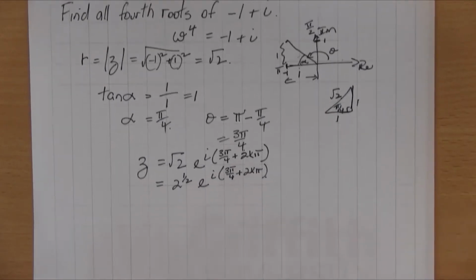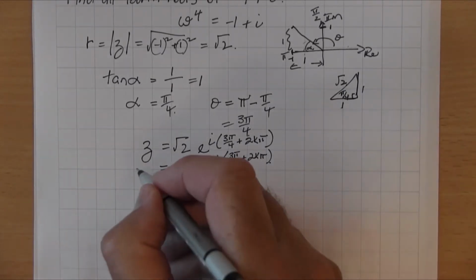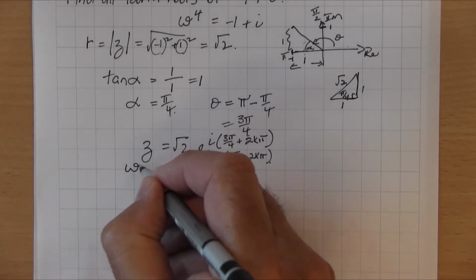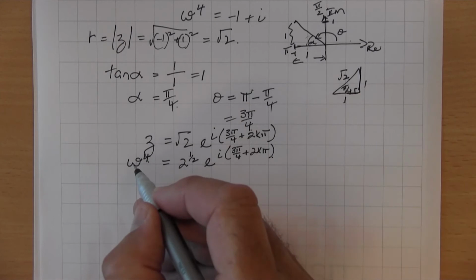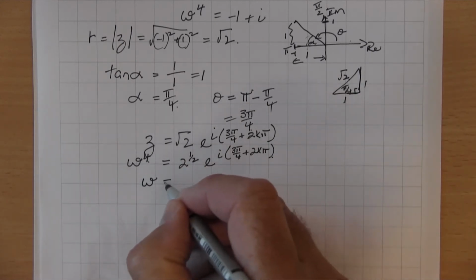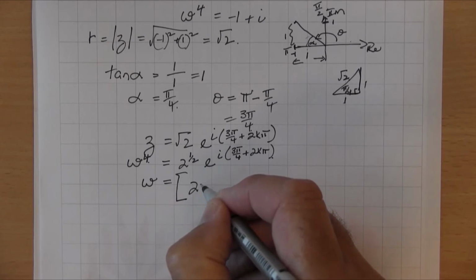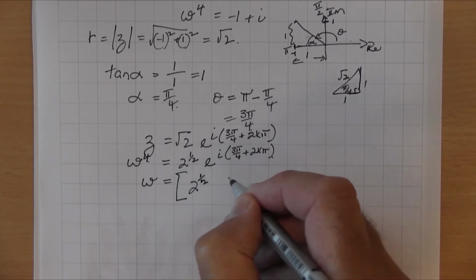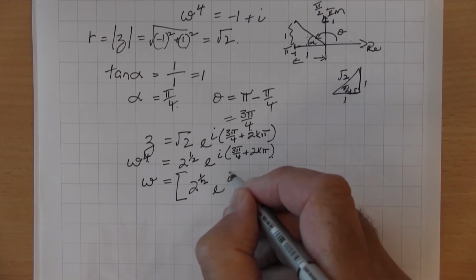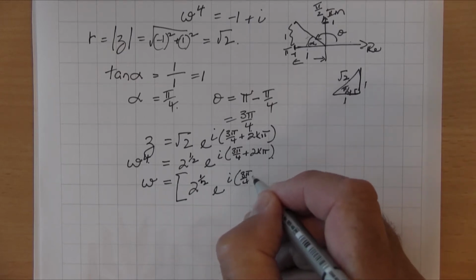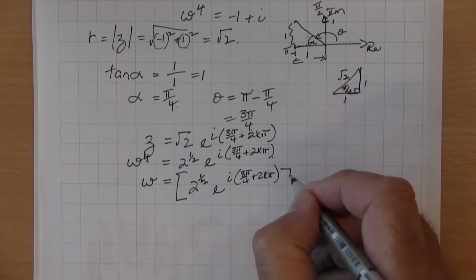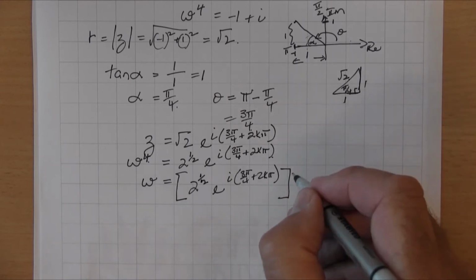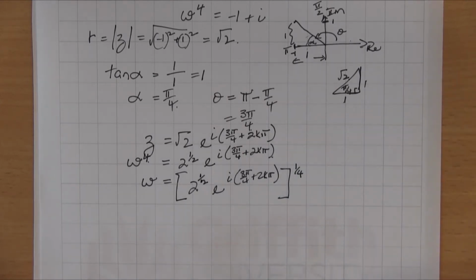Okay, so now we can put it together, and we've got w to the 4 equals that. Our next step is to find the 4th root of both sides. So the 4th root of w to the 4 is just w, equals 2 to the half, e to the i outside of 3 pi on 4 plus 2k pi, so there's my z, all raised to the power of a quarter.